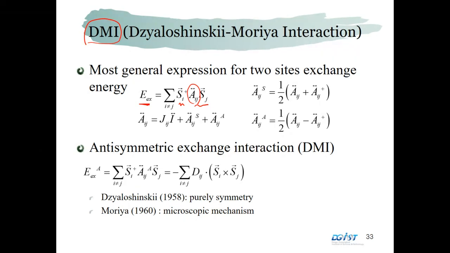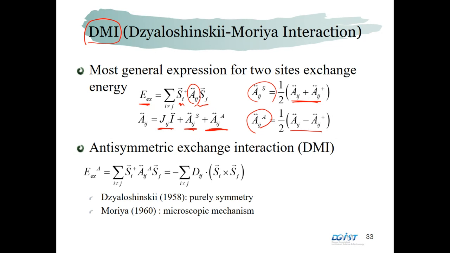And this second rank tensor can be divided into the diagonal term, the symmetric term, and the antisymmetric term. Then this symmetric and antisymmetric term can be obtained by this simple relation.